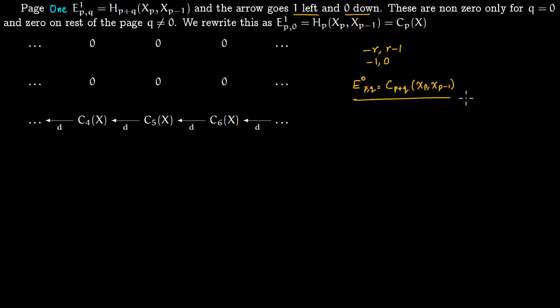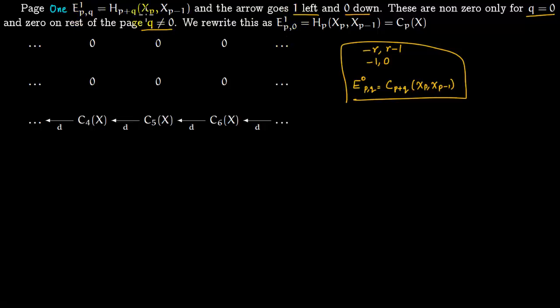So this gives us the first line, but we know that the only non-zero components lie for Q equals 0. That is, here the only non-zero components lie, and everywhere else on the page you just have 0. The homology groups are 0, and this we computed from page 0.